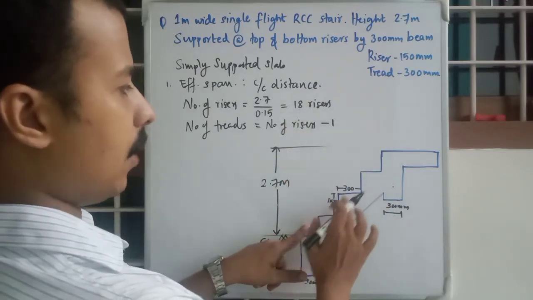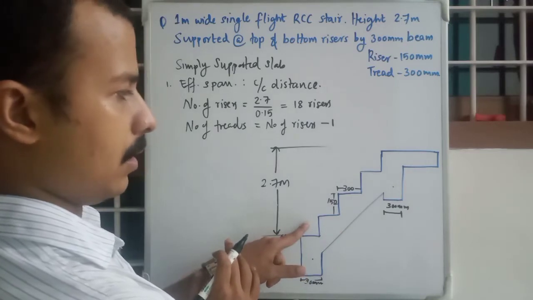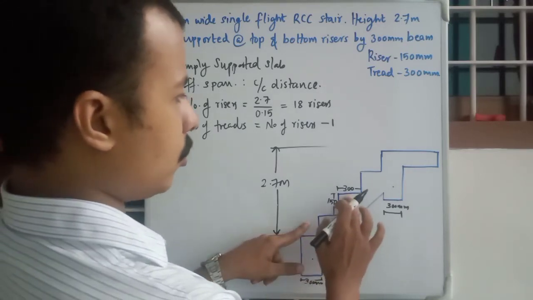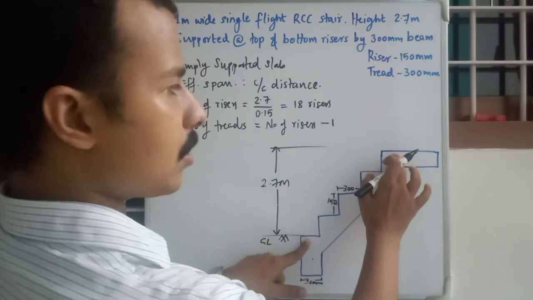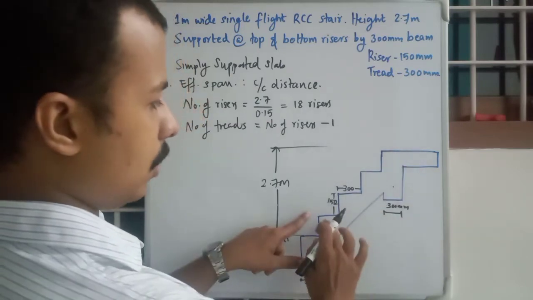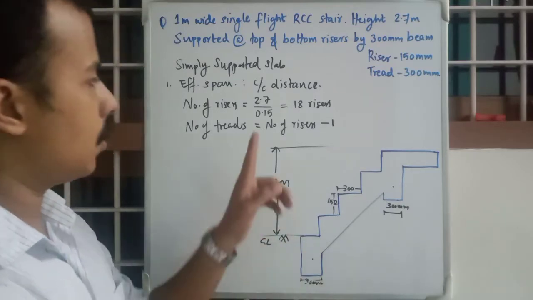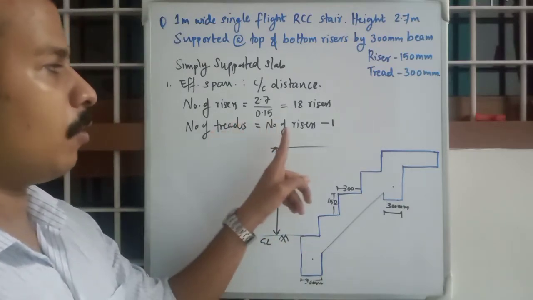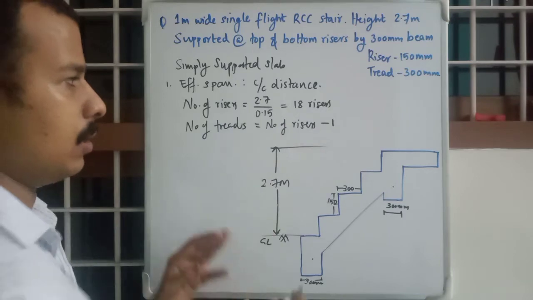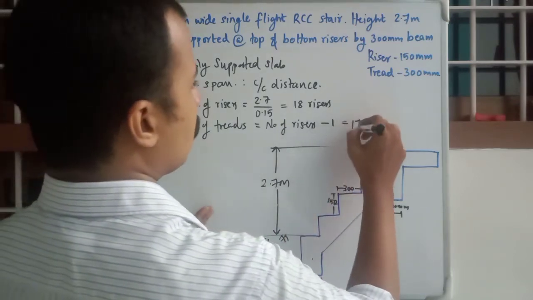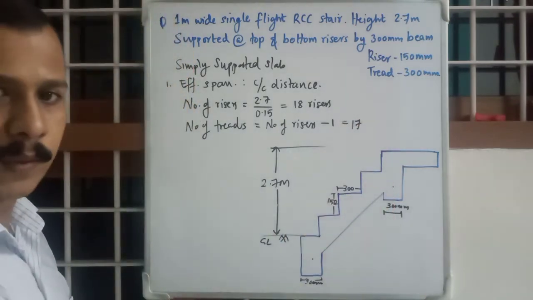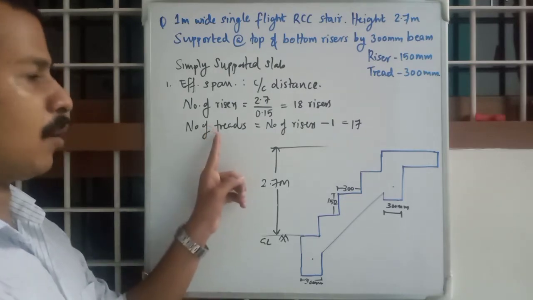In this model there are only 4 risers, but there are only 1, 2, 3 threads. This and this don't count as threads. So 4 minus 1. So number of threads will always be number of risers minus 1, that is 17.